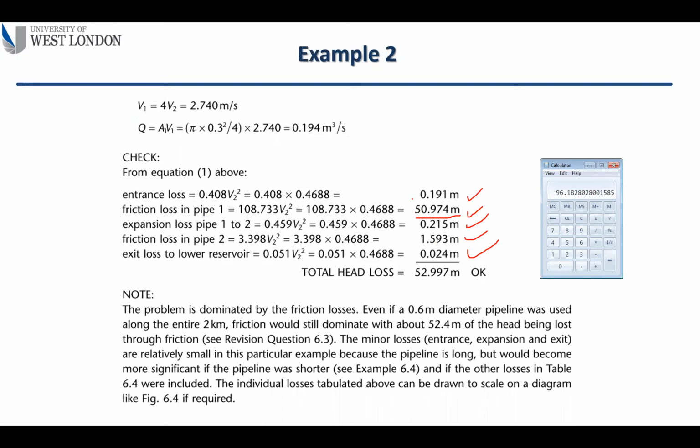And the other minor head losses, you can see how small they are. All of them are definitely less than 1. The first one is 0.2, the expansion is more or less similar, and the exit head loss is really, really small. So this is example 2.